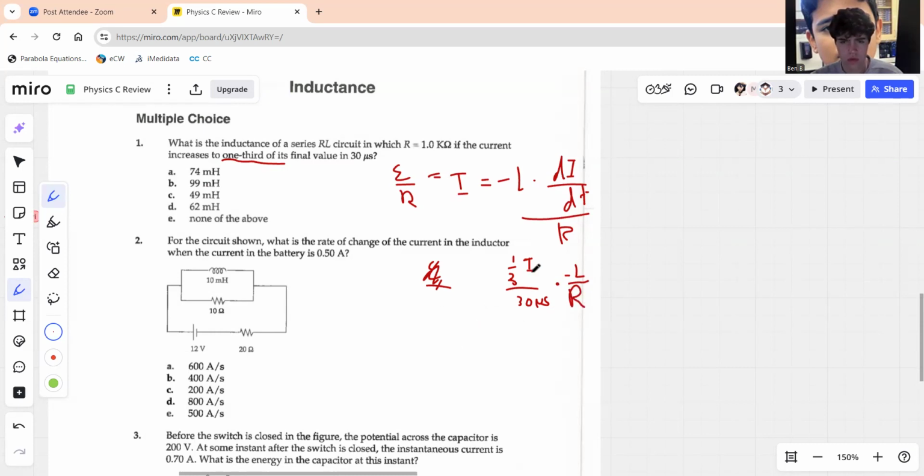And so we cancel the I's on both sides. 30, approximately 99.